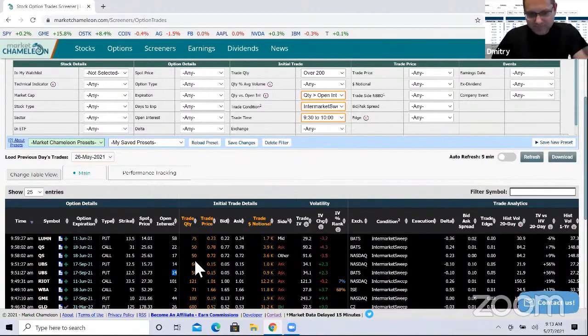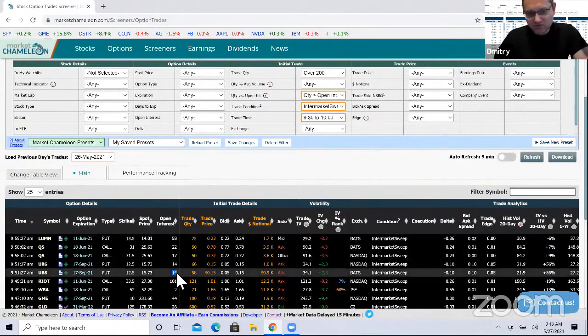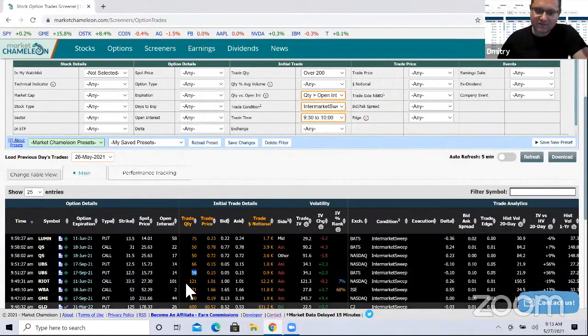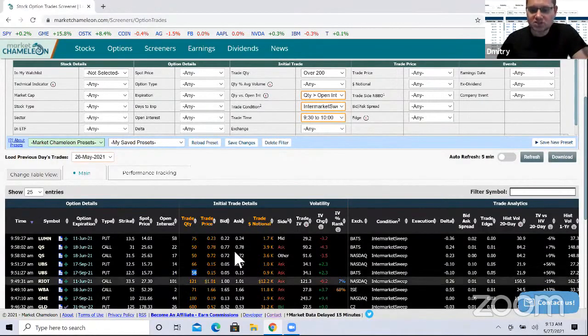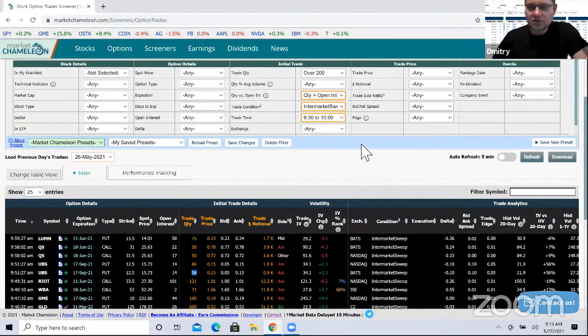So since the open interest in the morning was 14 and 58 of these contracts traded, we could infer that there's a new position being opened because the most you could close out is 14, right? That's all the open interest. So since we're at 58, there's new positions being opened up.